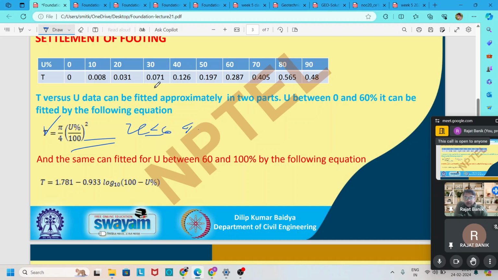We can also use another formula for finding the time factor, that is 1.781 minus 0.933 log10(100 minus degree of consolidation), which is for degree of consolidation U greater than 60%, between 60 and 100%.